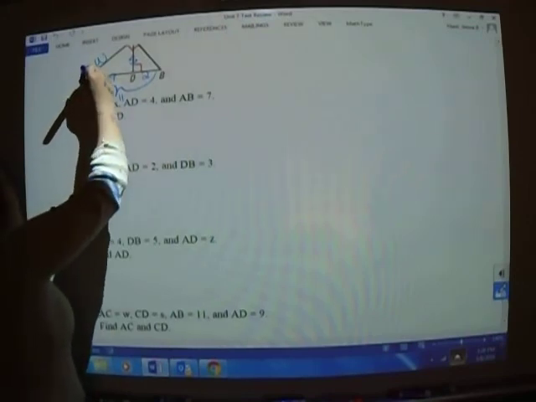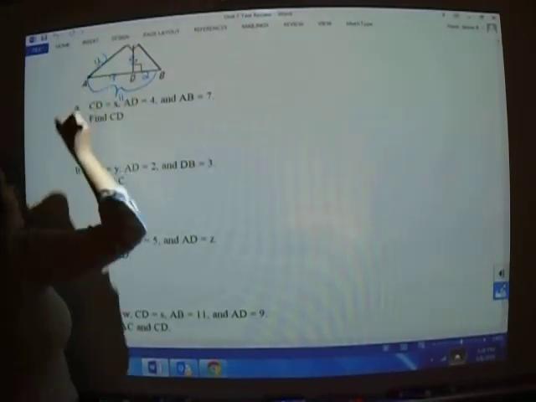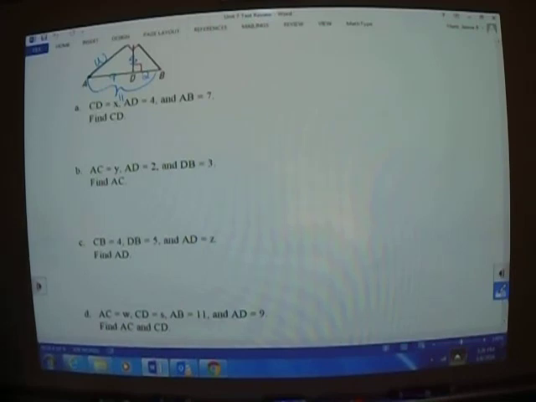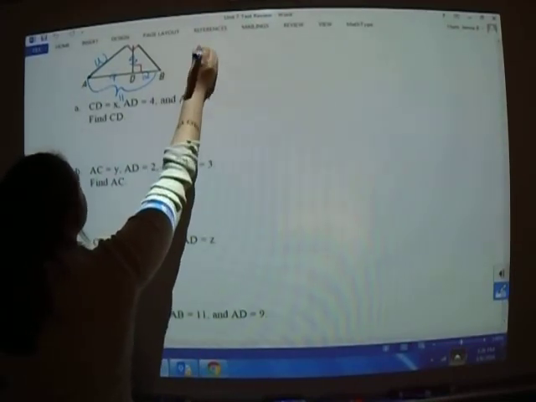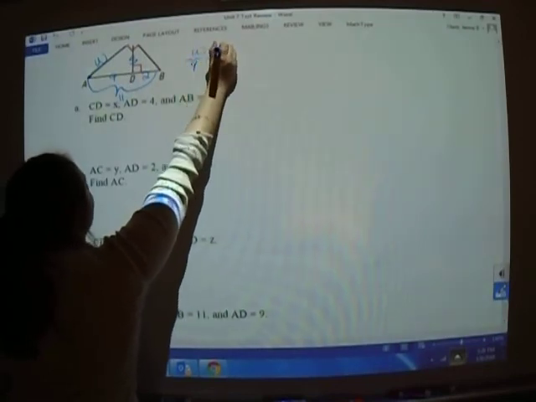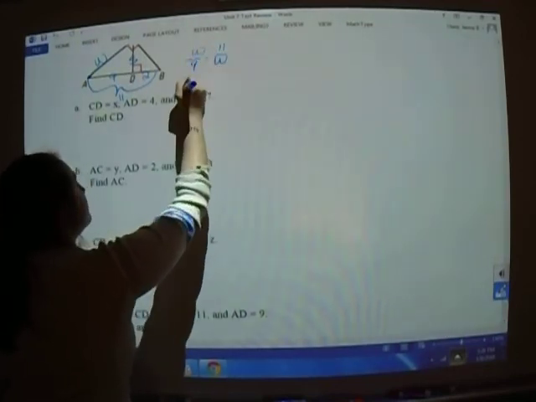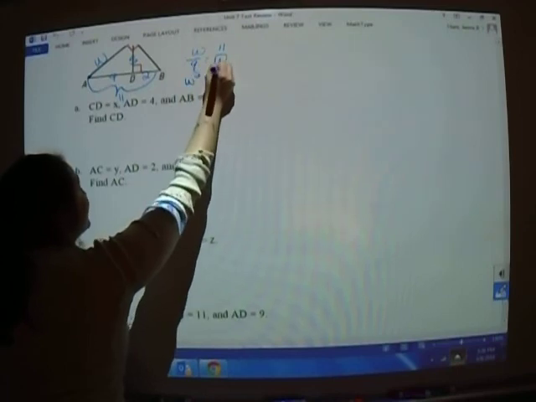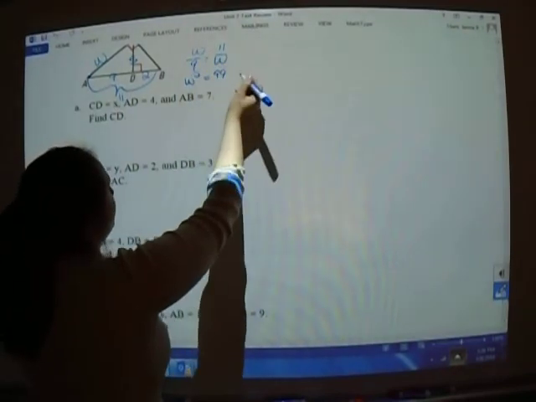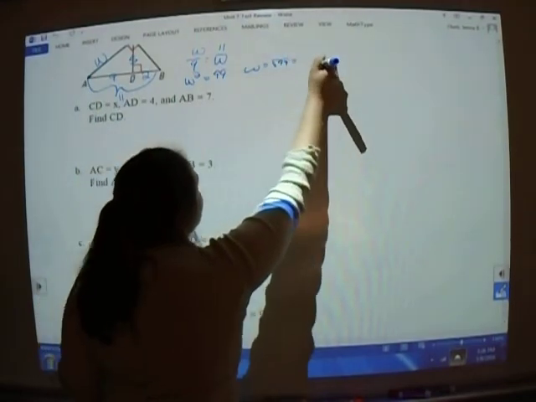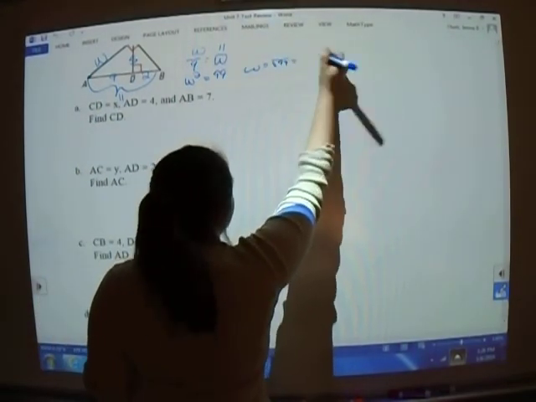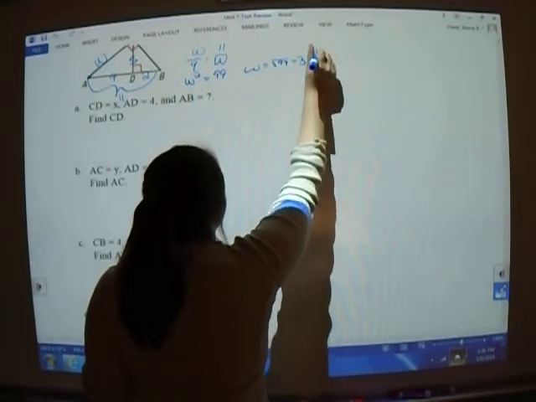So we look at AC, and it shares a vertex with AB and AD. So we do, I'm just going to write it right here, W over 9 equals 11 over W. W squared equals 99. So W equals root 99, which is equal to, when you simplify, 3 root 11, okay?